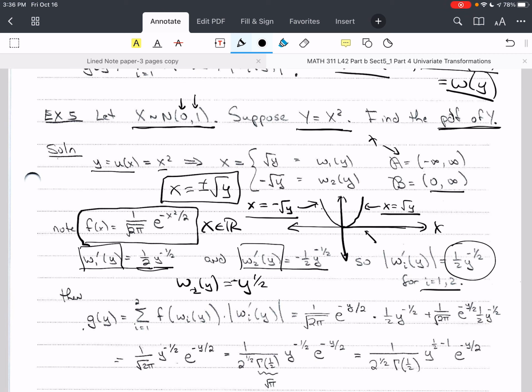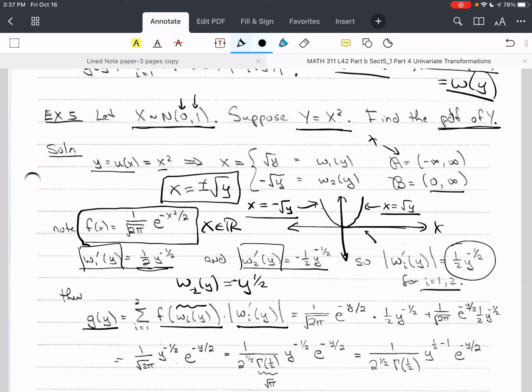Then the PDF of y, g of y, is going to be the sum from i equals 1 to k, where k is 2 here, of f of wi of y times the absolute value of wi prime of y. Now, everywhere we had x, we have to substitute in for wi of y.